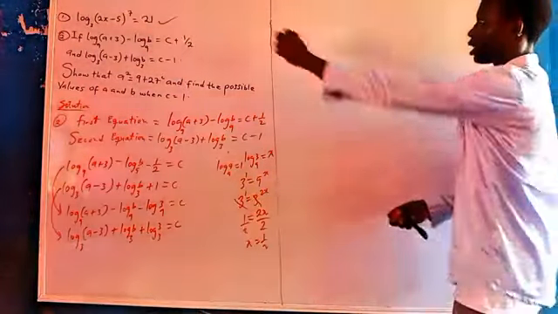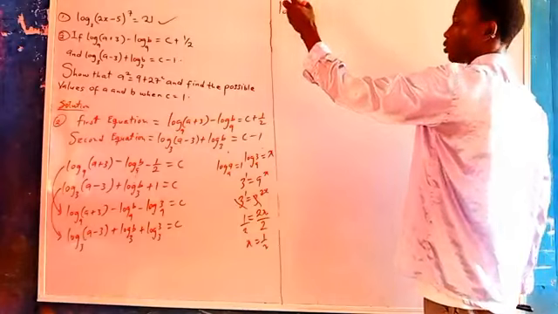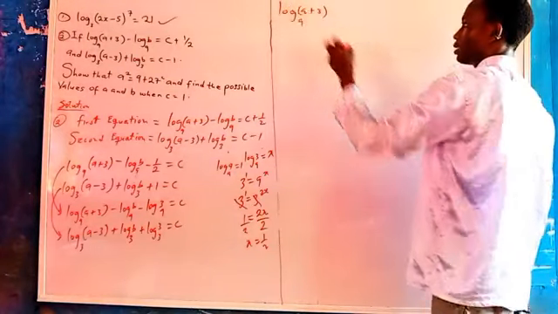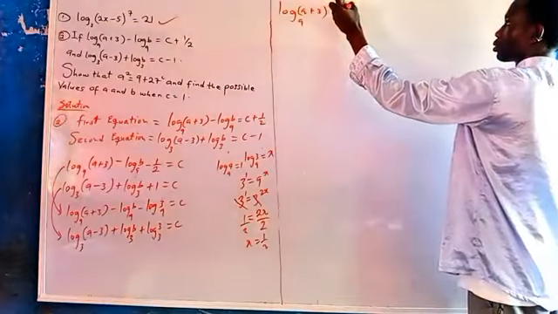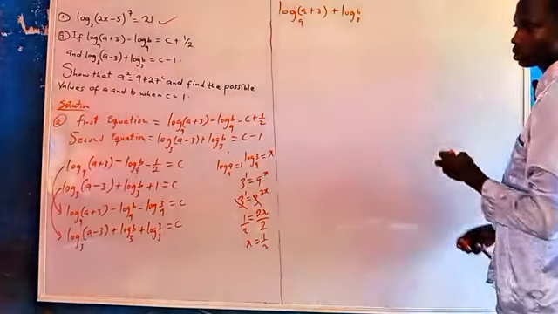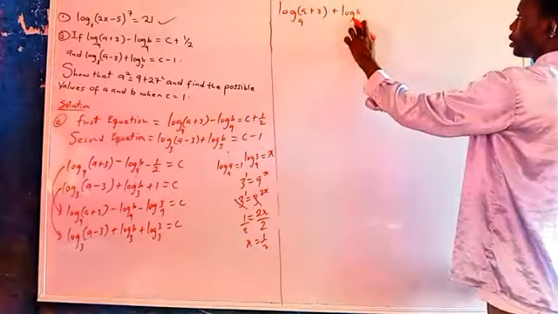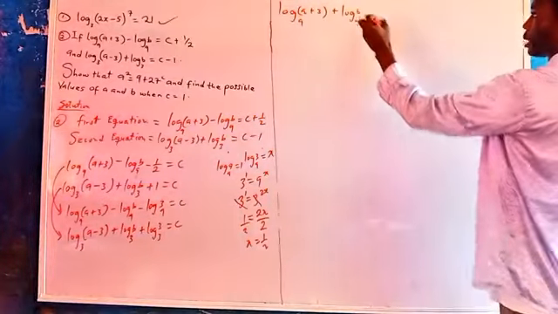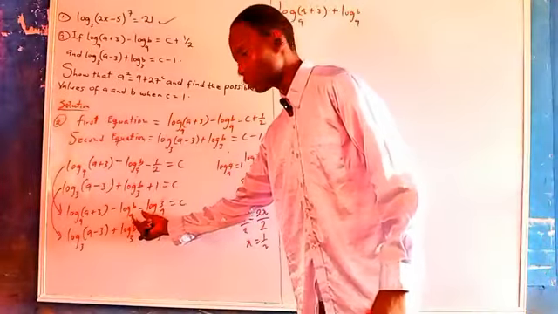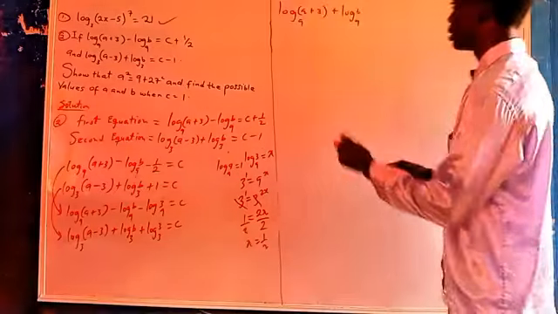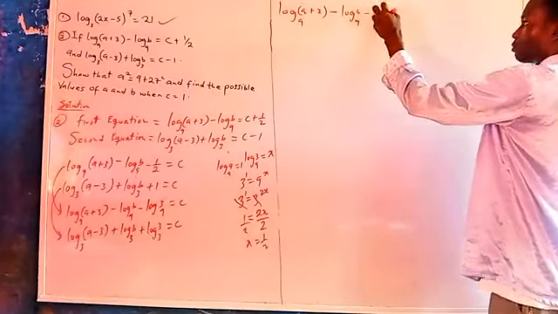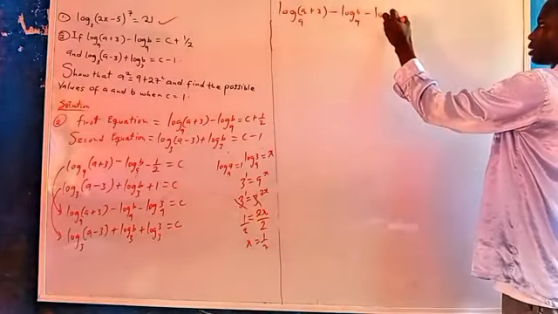Don't forget, let me rewrite that here: log of (a plus 3) base 9, and then minus log of b base 9, sorry, base 9, minus log of 3 base 9 equals c.